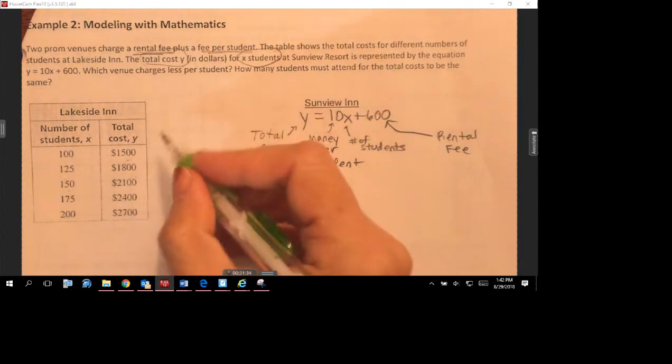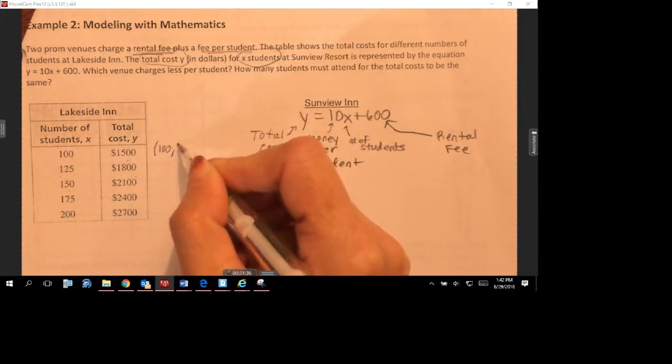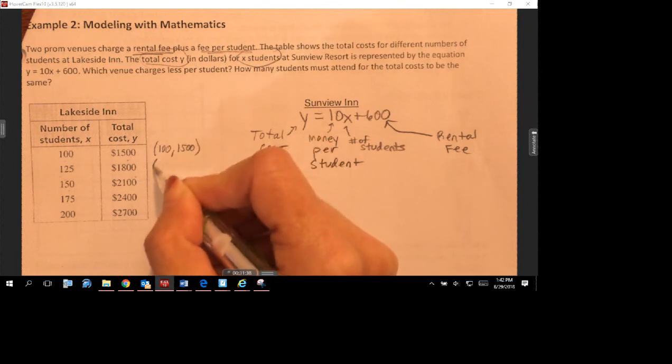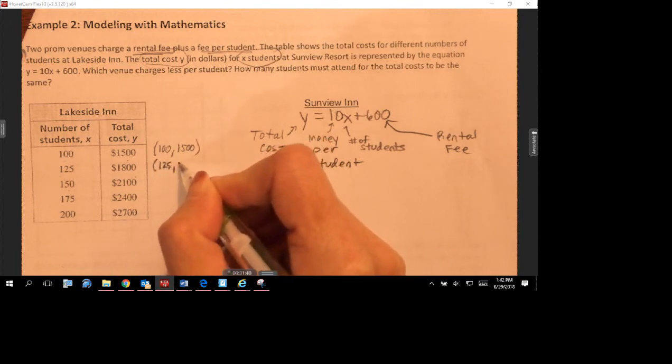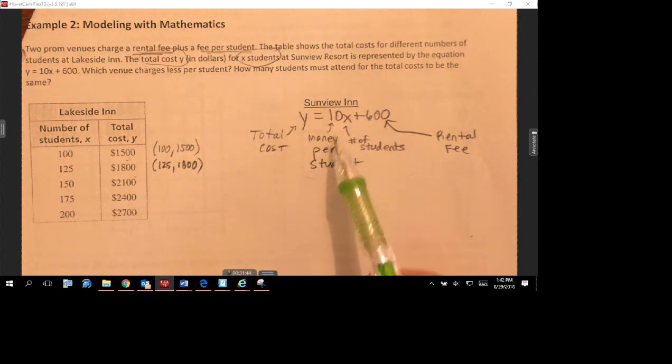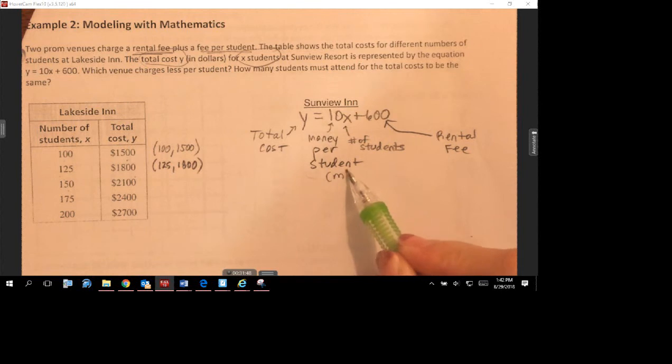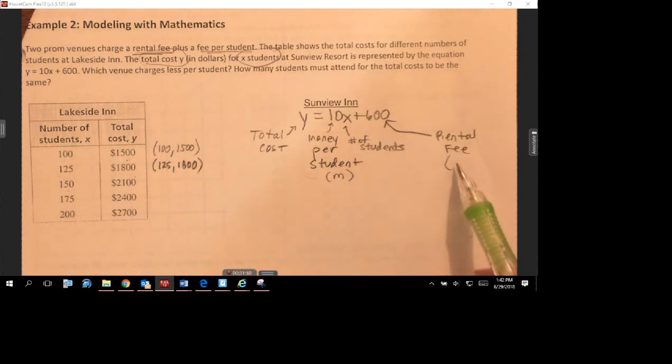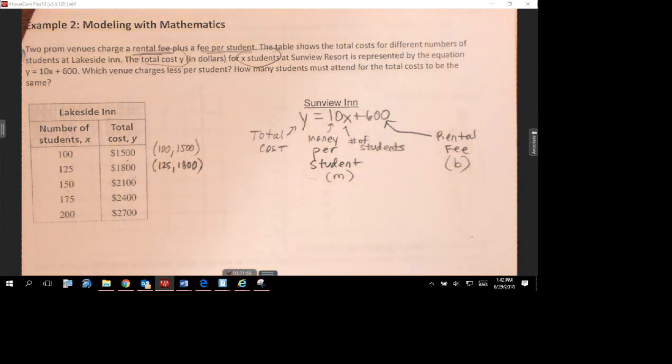We've got ordered pairs sitting here. Over here, the money per student, that 10 is like my slope, and the 600 was my y-intercept. Can I find the slope and y-intercept here so we can compare?